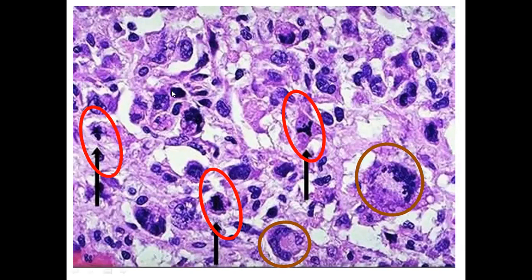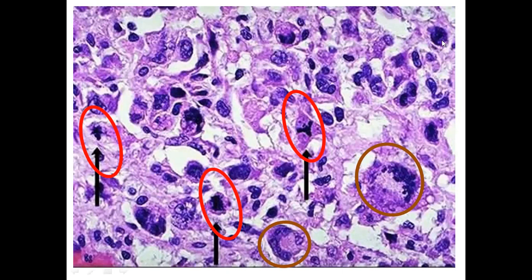And when we look in the nuclei, we see some very darkly stained large nuclei, right? So we have hyperchromatism. You can compare this nucleus color to this one. This is very dark. It's called hyperchromatism. And the size of the nucleus is very large. This is called increased nuclear cytoplasmic ratio.